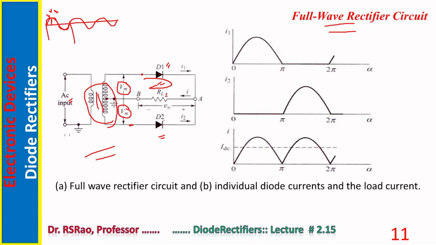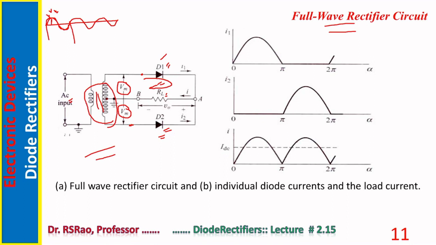Therefore, D2 becomes reverse biased, so it acts as an open circuit. Therefore, no current flows. I2 is 0 through D2. Hence, during positive half cycle, D1 conducts, D2 is off.